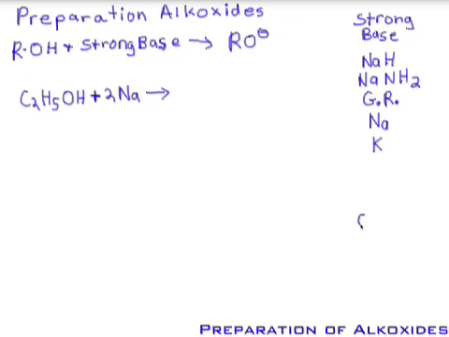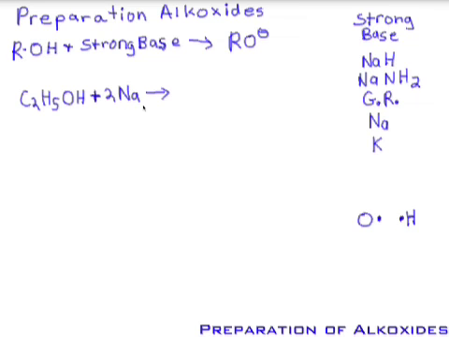So if I come down here and I look at the oxygen-hydrogen bond, if I were to break this bond homolytically, that is, 1 electron of the bond goes with each atom, I would get a radical on the oxygen and a radical on the hydrogen.